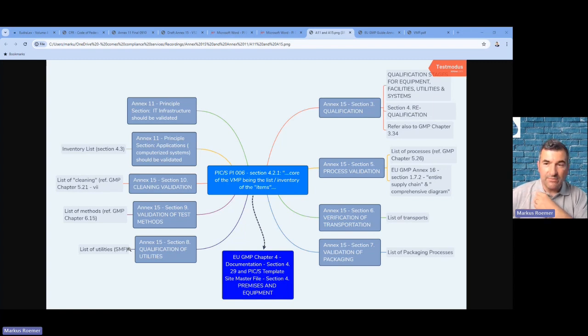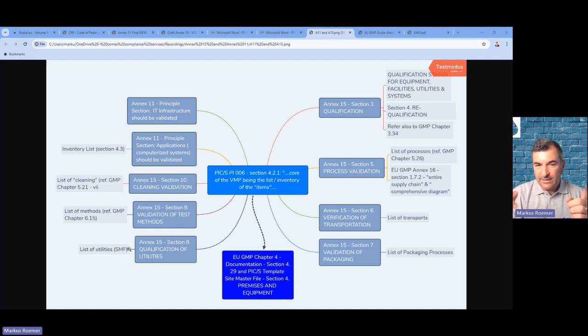It is also linked with equipment, and it might also be provided with things from qualification of utilities, and it will be in a facility, in a validated, qualified clean room, for example. The same applies to Annex 11. IT infrastructure should be validated. It could happen that you need to qualify your server room or your data center or something like that. I'm expecting that this room is also qualified.